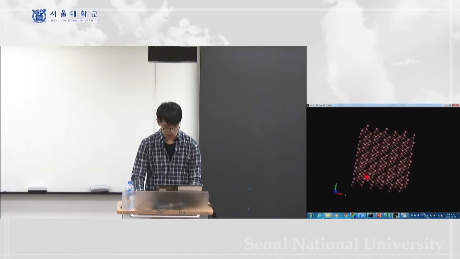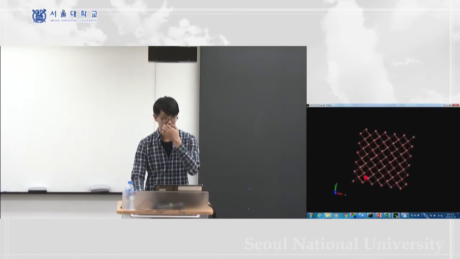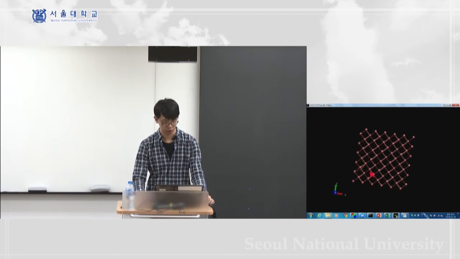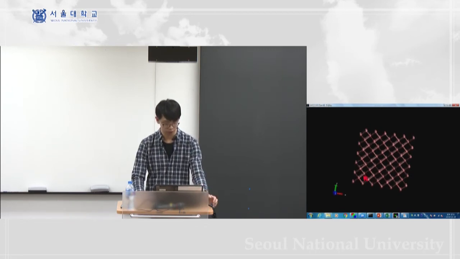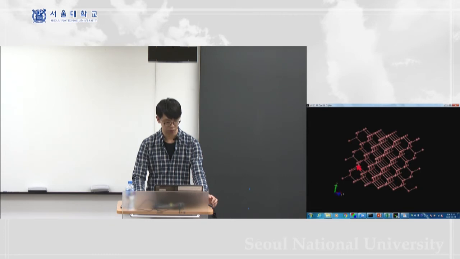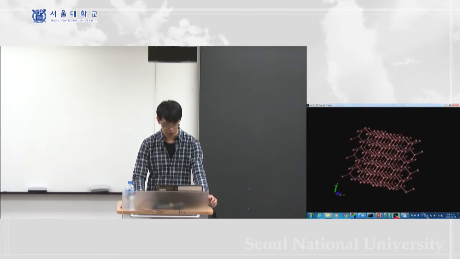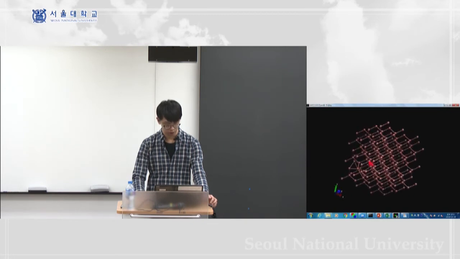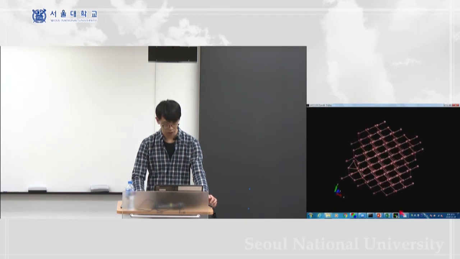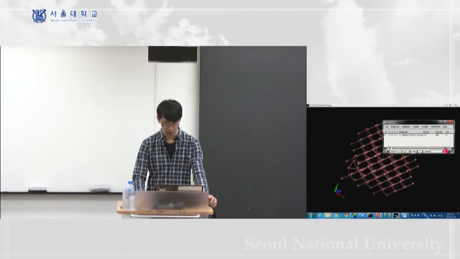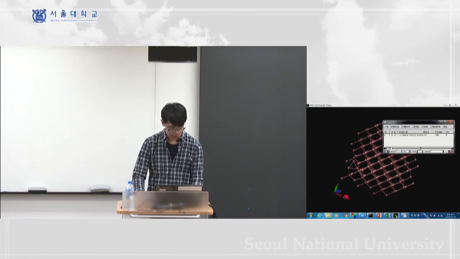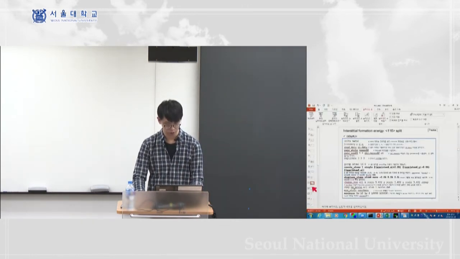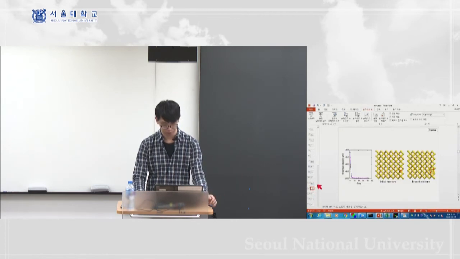As we displace the atom just a little bit by 0.05 angstrom, the distance between the 2 atoms is really close like this. But as the relaxation goes on, it splits and becomes the relaxed structure. So that's how we calculated the potential energy of the split interstitial.